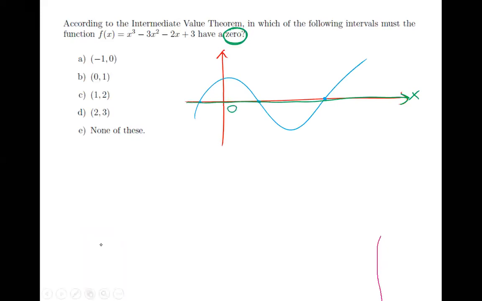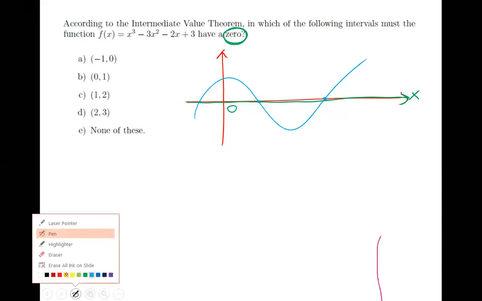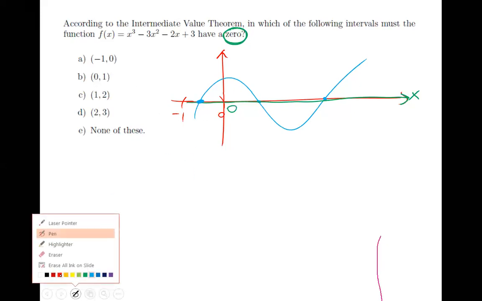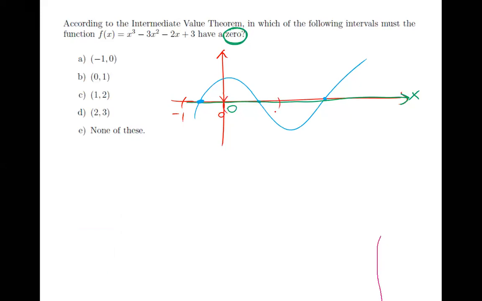And they're asking us, of course, we will use the intermediate value theorem. I can show you how we can use this. In which intervals? That means, I don't know, between -1 and 0. We can see we have 1, 0 value. Between maybe 0 and 1, we do have another.